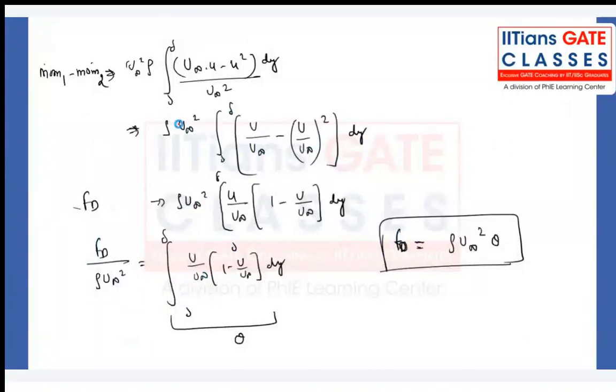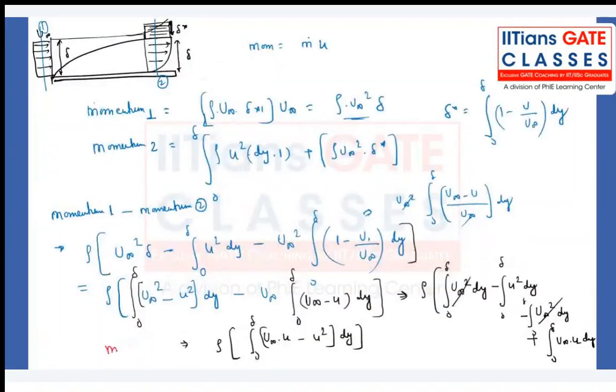Tell me here. Whatever we have done, momentum 1 minus momentum 2, is this quantity zero or non-zero? Tell me, guys. Is this term, u infinity into u minus u square integration dy, zero or non-zero?